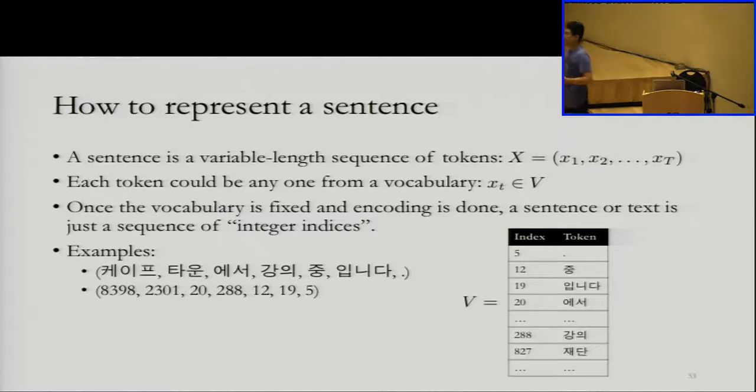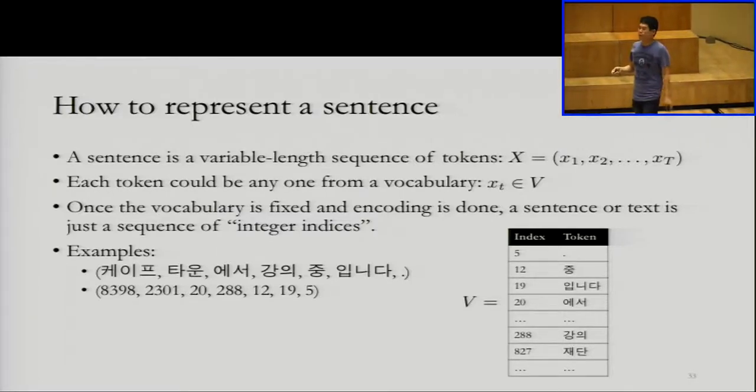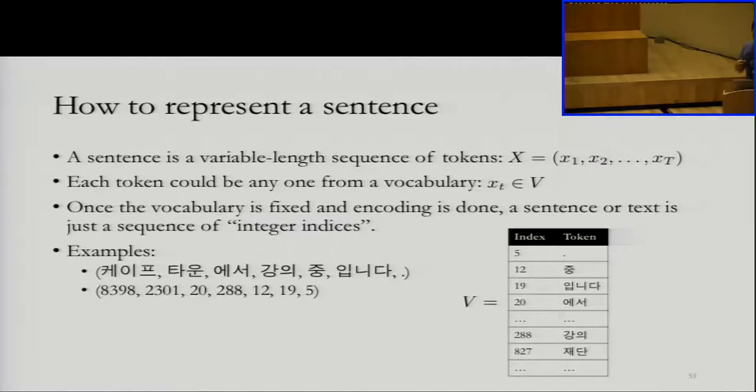So for instance, if I decided to use, let's say, a morpheme-based representation, I'm going to build a vocabulary of all the unique tokens from my training set, and then turn the sentence into a sequence of integers. For instance, this SO is going to correspond to integer 20, and this integer sequence is the only thing the neural net looks at. The neural net doesn't really care what we think.